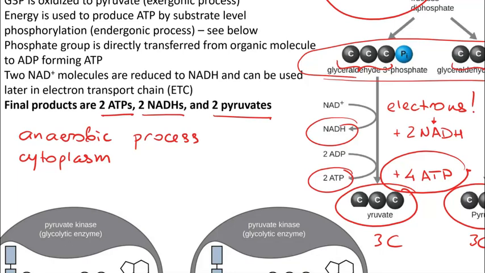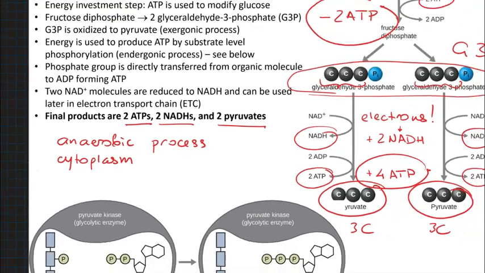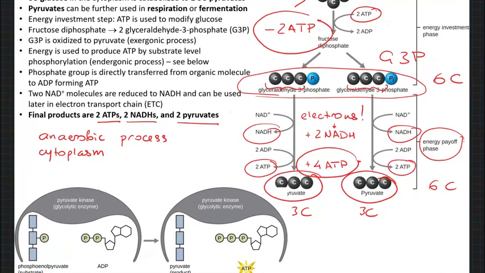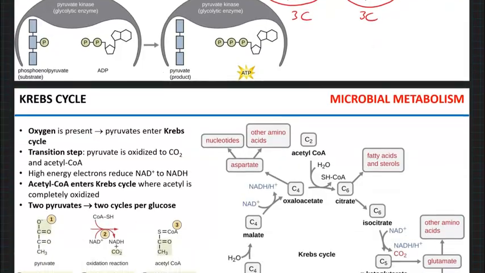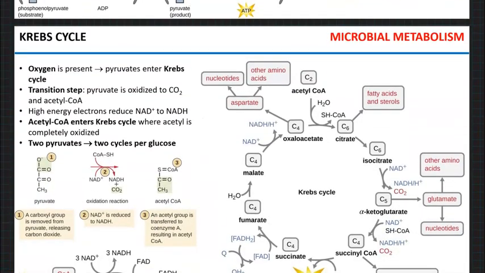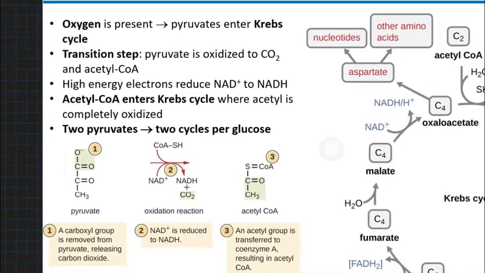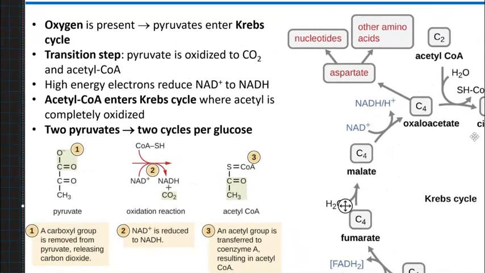Okay? Good so far? So despite the fact that glycolysis is anaerobic, if oxygen is present, pyruvate molecules can enter the next step, which is a transition step.